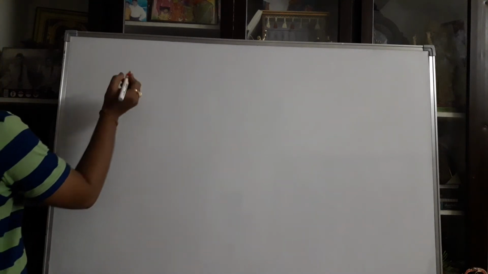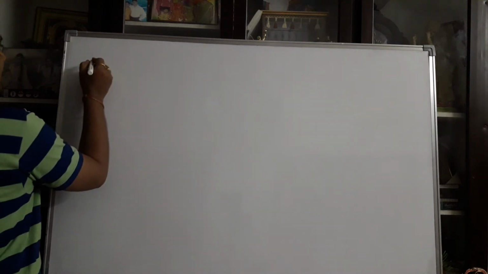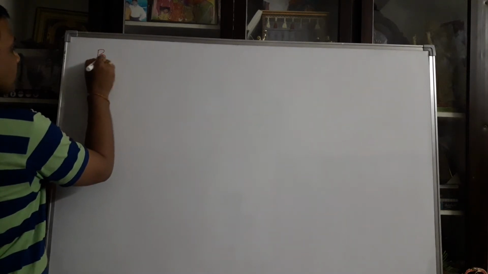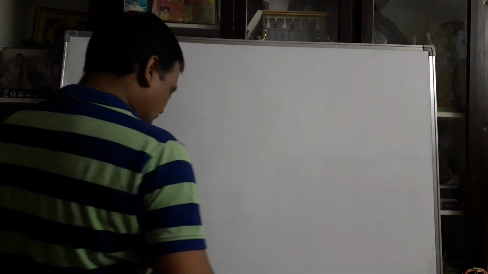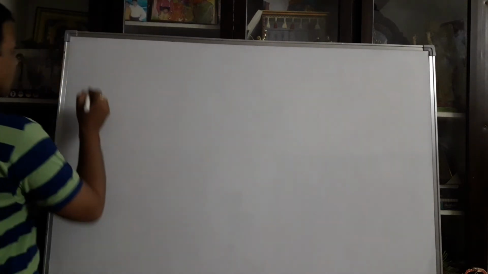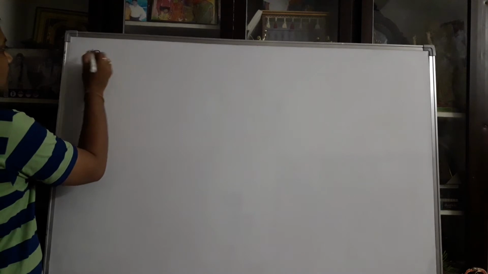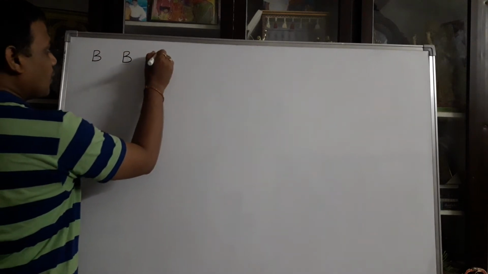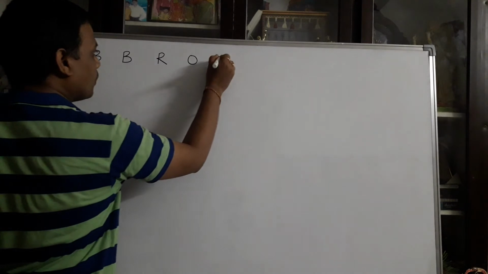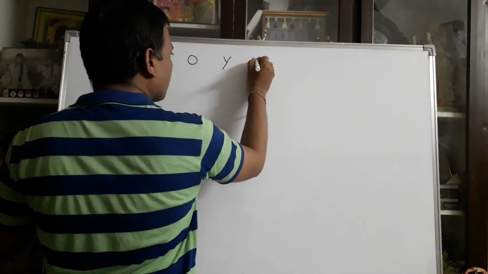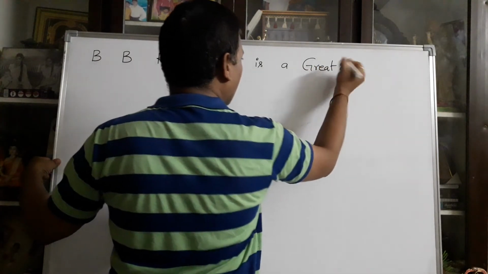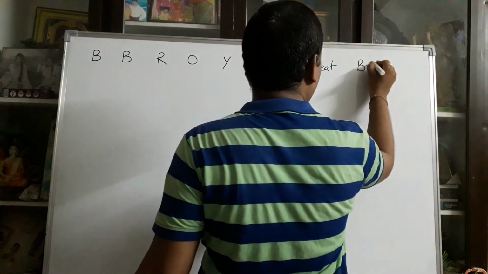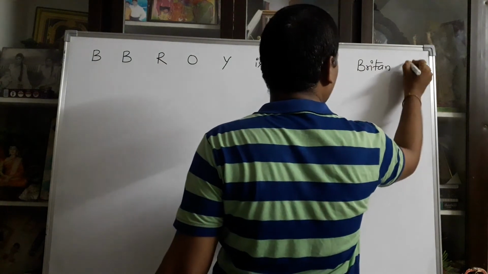That statement is to identify the colors by using the standard statement, which is: B.B. Roy is a Great Britain.